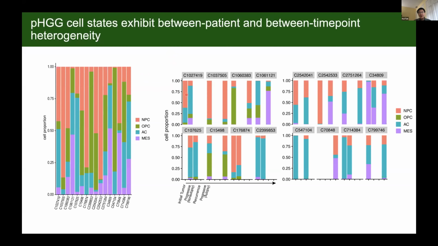And if you look within the same patient at the 2 time points, these cell states also show very dynamic, plastic behavior. So, for instance, based on the right, you can see there is a trend after therapy: the mesenchymal-like cell states tend to increase, based on our cohort of 16 patients.